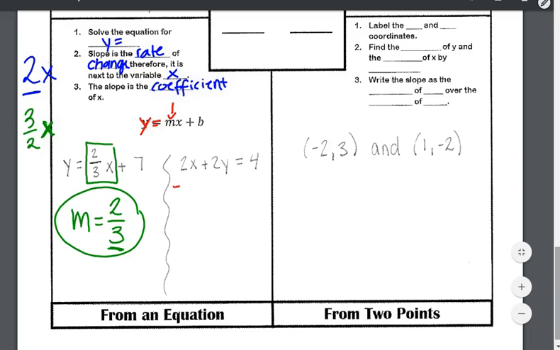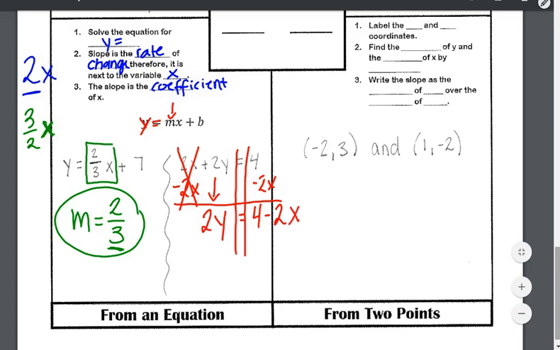So first off we need to subtract 2x from both sides. 2x minus 2x is 0, so now we're left with 2y equals 4 minus 2x. Undo the multiplying by 2 with divide by 2. We get y equals 4 divided by 2 is 2, minus 2 divided by 2 is 1x.